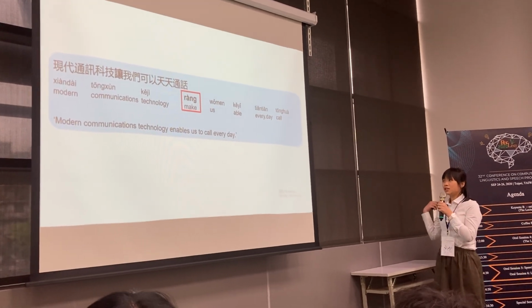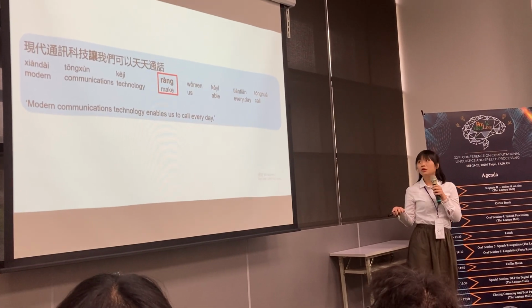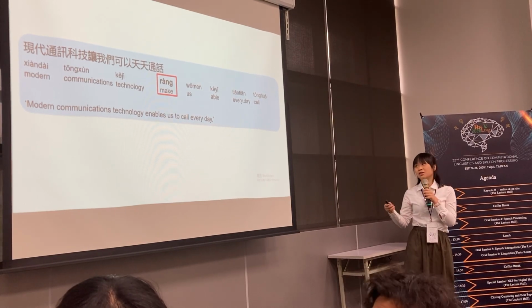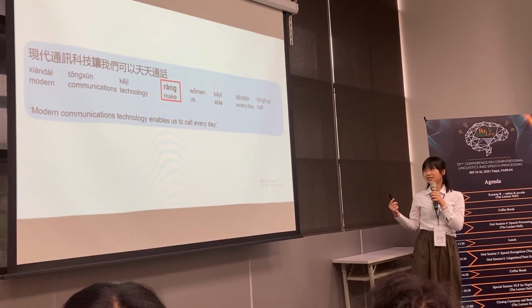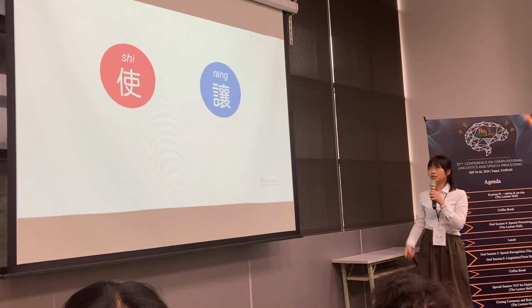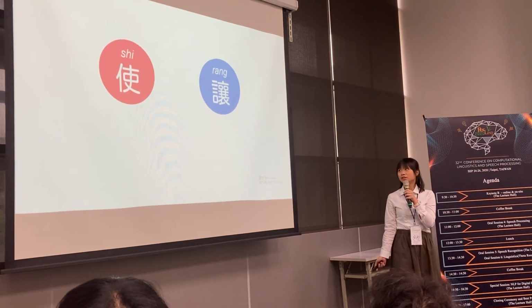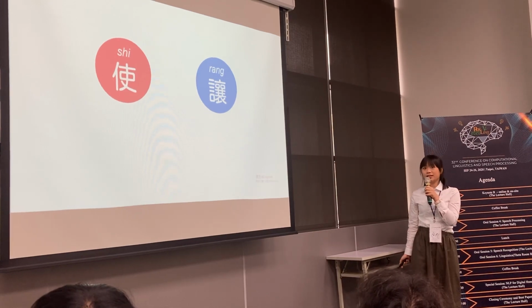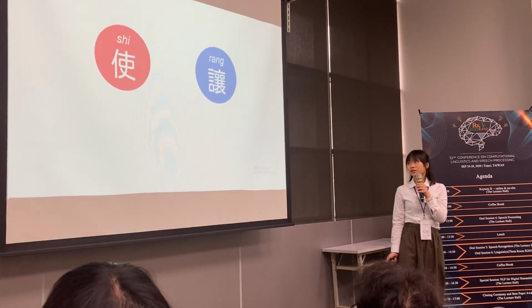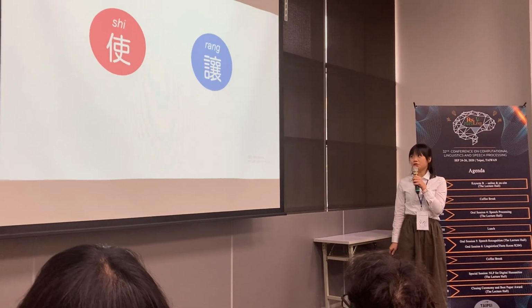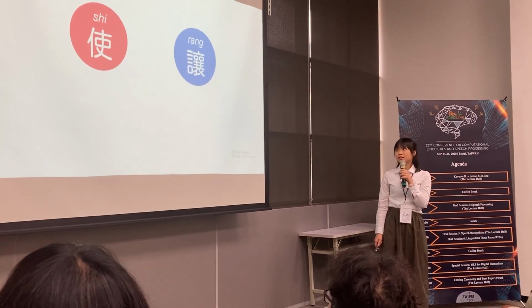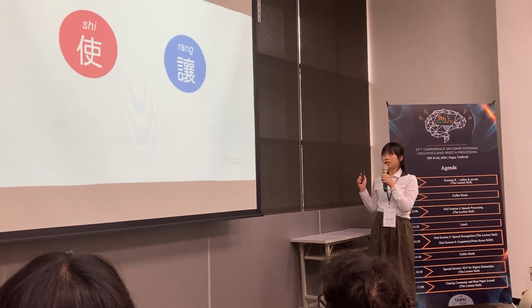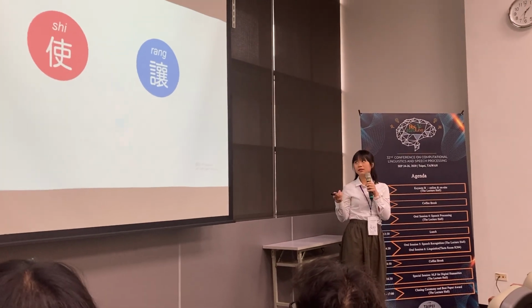So how do we decide the word choice? When do we use 使 and when do we use 让? So we aim to analyze the usages of 使 and 让. According to Verhagen and Kammer, the causative construction can be divided into two types, which are direct causation and indirect causation.